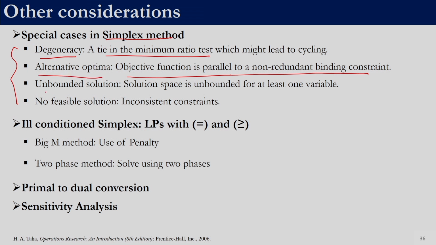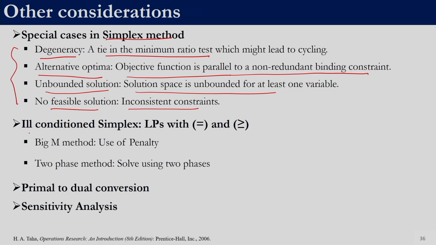The other circumstance is when we have an unbounded solution. Under this circumstance the solution space is unbounded for at least one decision variable, and if the constraints are inconsistent, if they are conflicting one another, then there would be no feasible solution. In such cases we need to employ special strategies for simplex method.